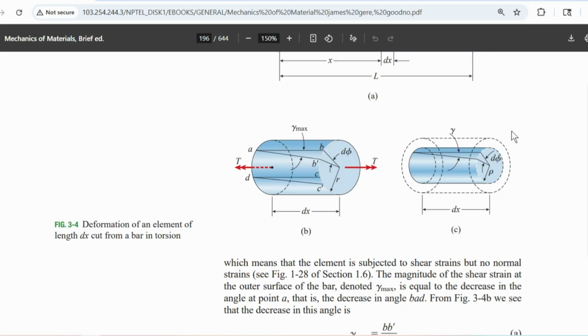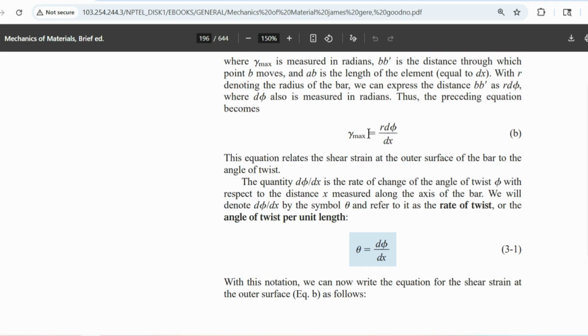If this is a function, gamma max is proportional to the radius, and then the chain rule, dx dx, but it's not. It's not rx. It's not rx d phi dx, or anything like that. It's not a function of x.